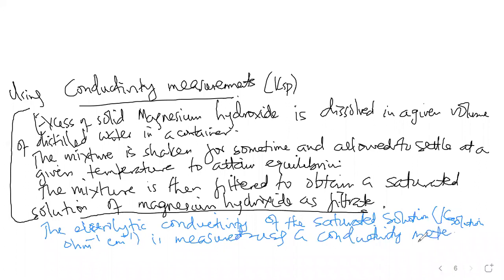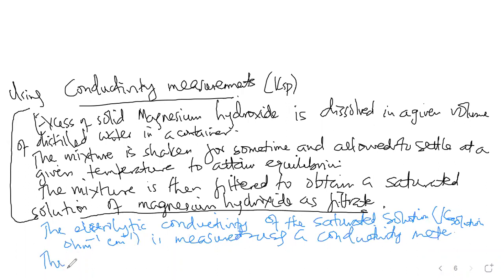So you measure the electric conductivity of the saturated solution using a conductivity meter. I may not be able to show you how a conductivity meter looks like here, but when you go back to school, check in the school lab, ask for what a conductivity meter is, you'll see how it looks. It's used to measure electric conductivity of any given solution.